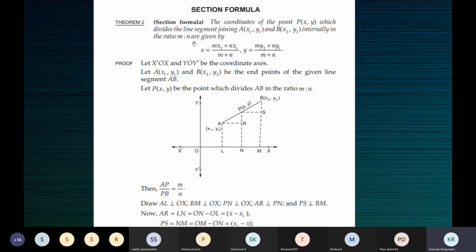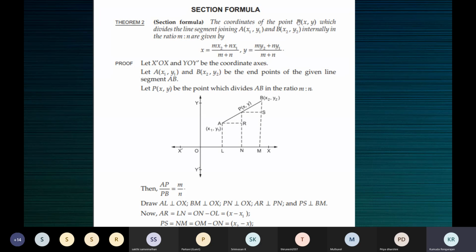Internally in the ratio m is to n, the coordinates of P are given by, read it like this: the coordinates of the point P(x, y) are given by x is equal to, that is the x coordinate of P is equal to (mx2 plus nx1) by (m plus n).